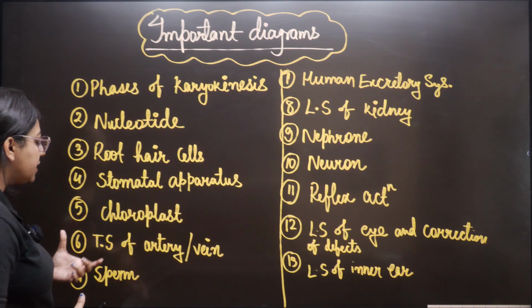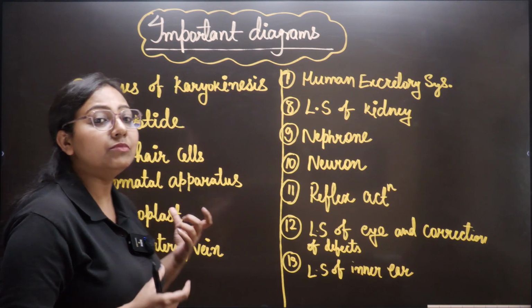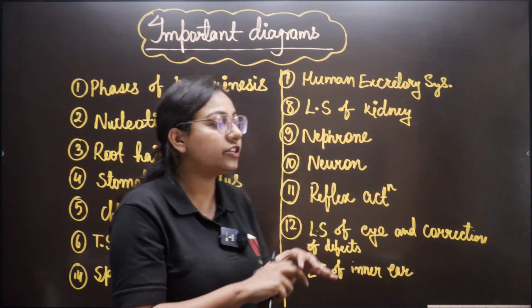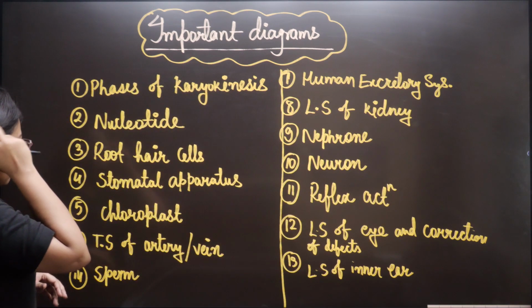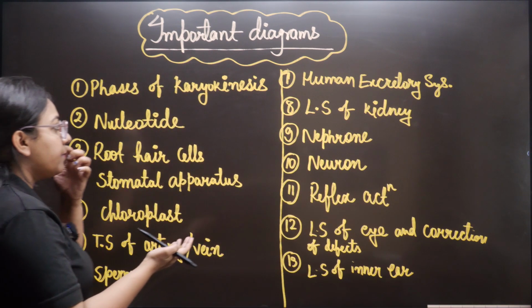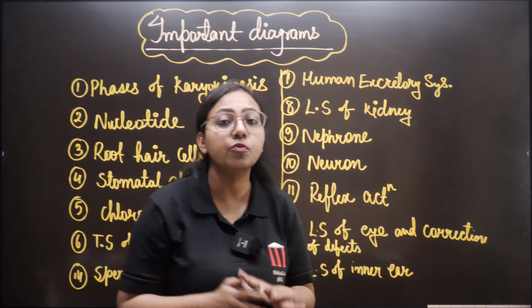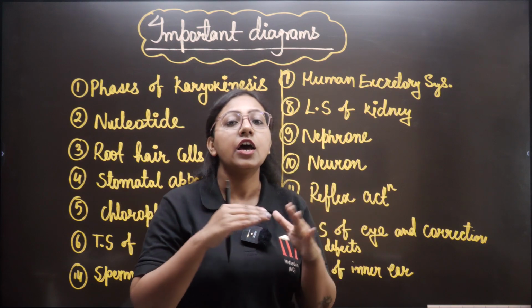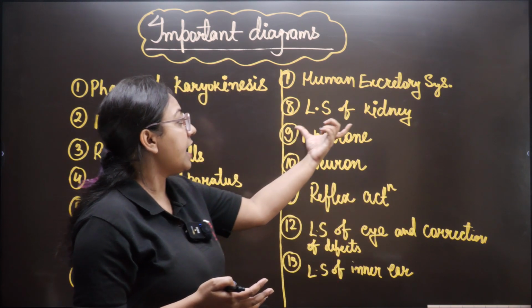TS of artery or vein. TS means transverse section, the section of any artery or vein and how it is drawn. Then there will be the human excretory system, where we are going to see kidneys, ureter, urinary bladder, everything, and the LS of kidney.